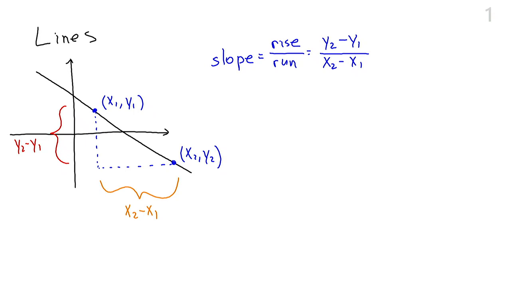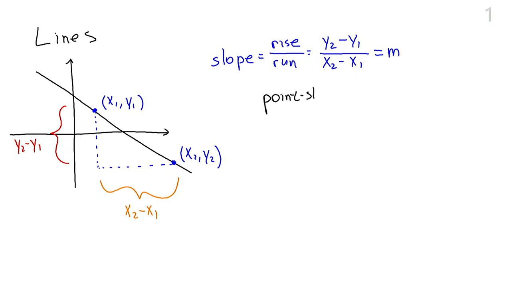So the slope is most often labeled by the letter m, and by far the most popular formats of a line are the slope-intercept form and the point-slope form. So I'll write the point-slope form first.